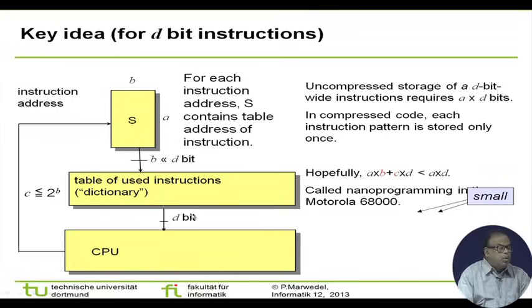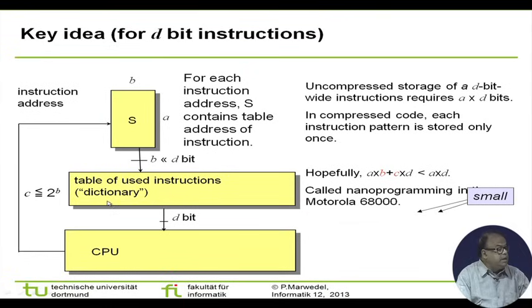In compressed code, each instruction pattern is stored only once. Therefore, I need a times b, so much space, and c times d, because these are being stored only once.